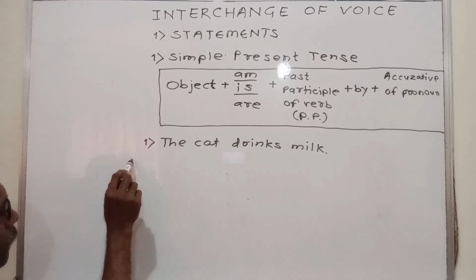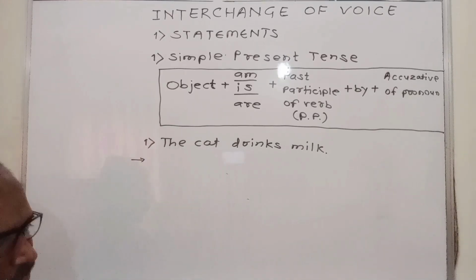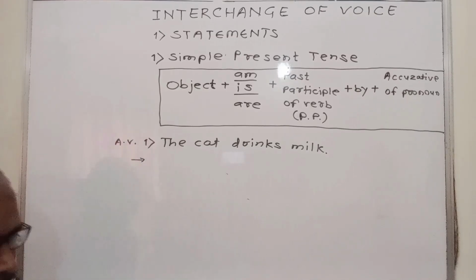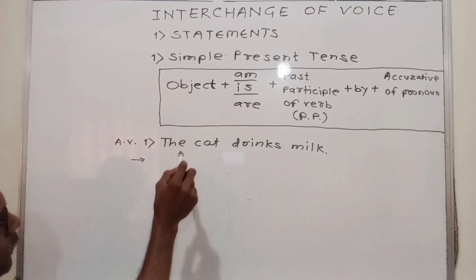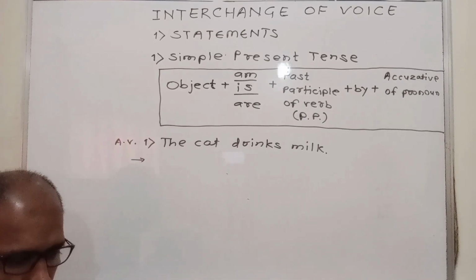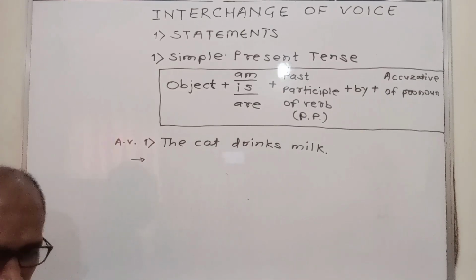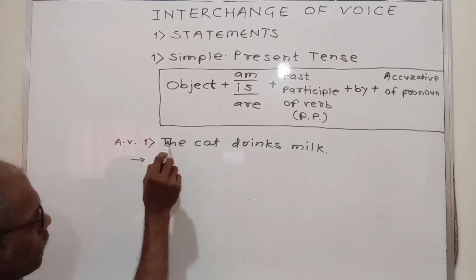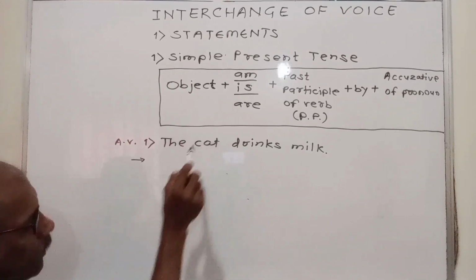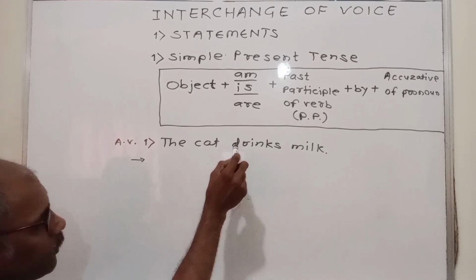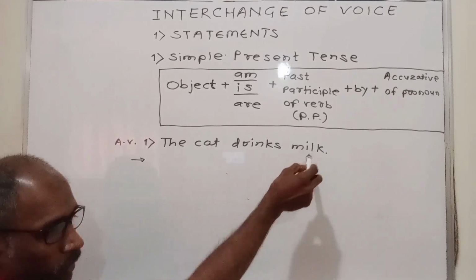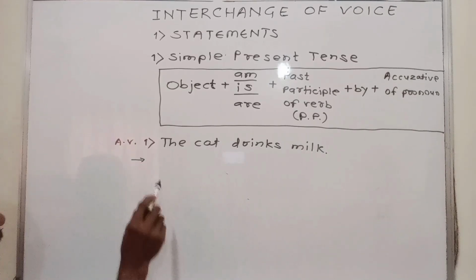Now here we convert this active voice. This cat is performing the action, so this is active voice. The cat is our subject, drinks is our main verb, and milk is our object.